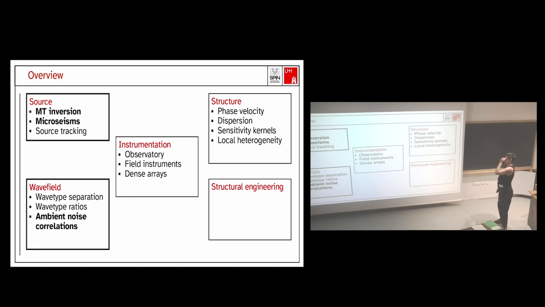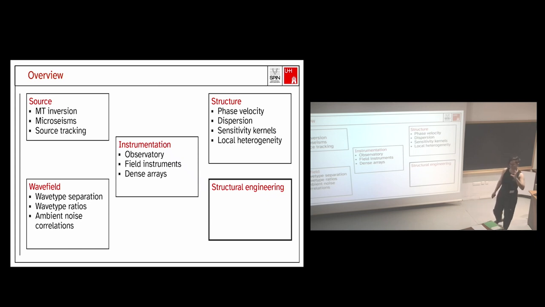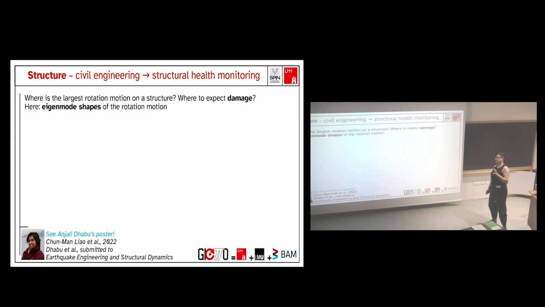All right, so now moving to structural engineering, which I pointed at the very beginning, because I think that is a space where rotation measurements as they work now can bring some advantages.